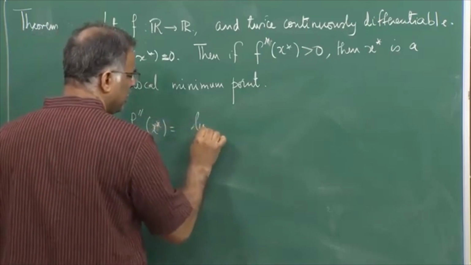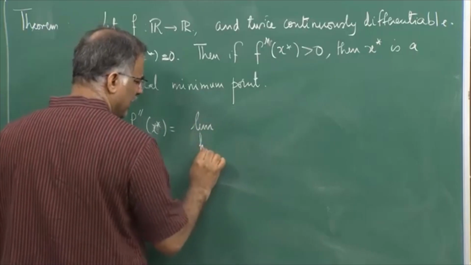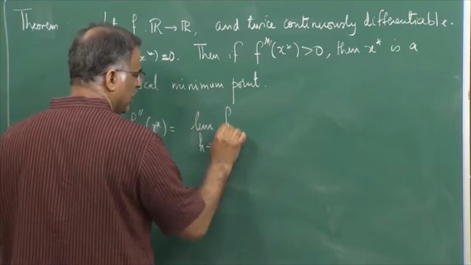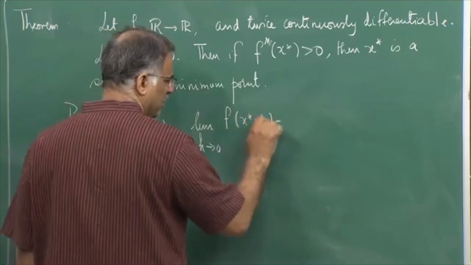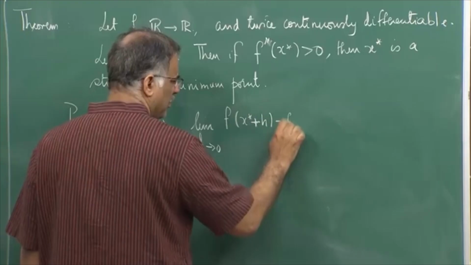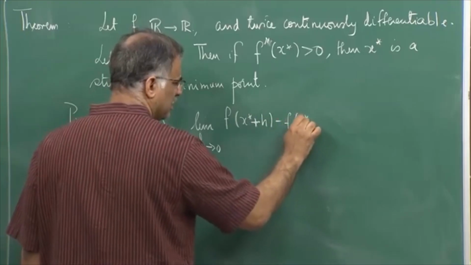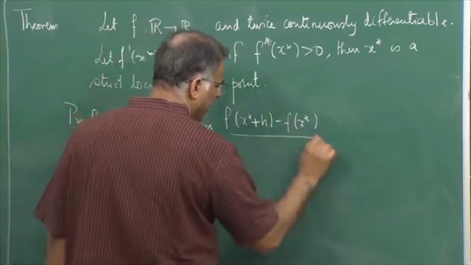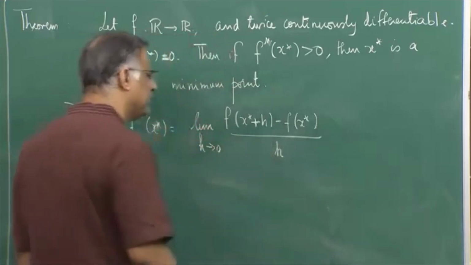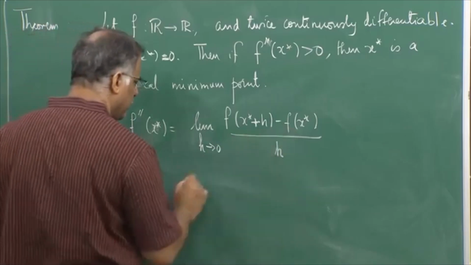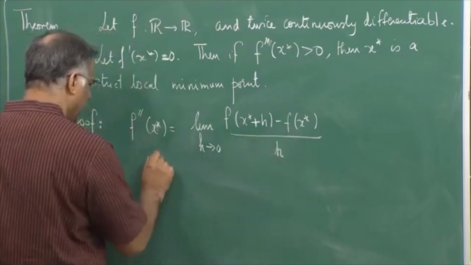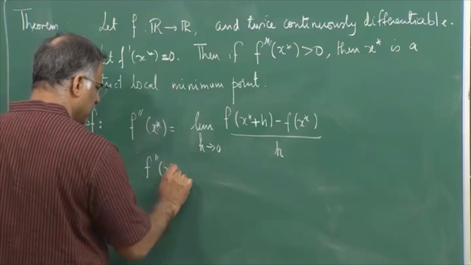So, that is the limit as h tends to 0 of f(x* + h) - f(x*) by h. Now, f(x*) is equal to 0, and f''(x*) is greater than 0.